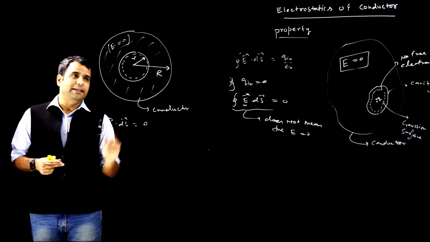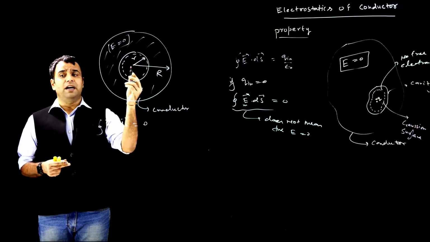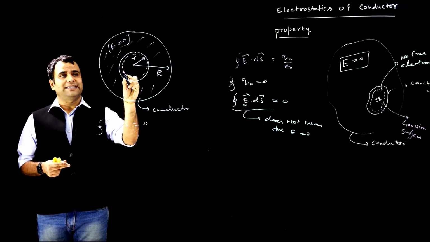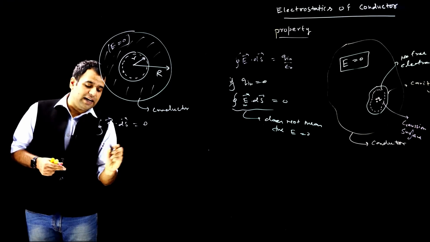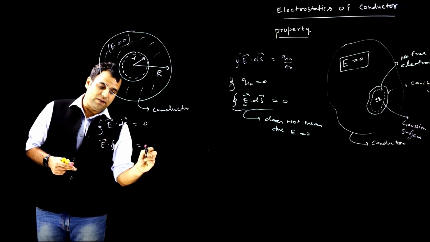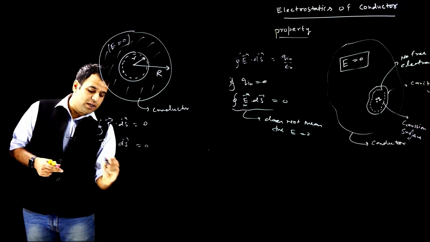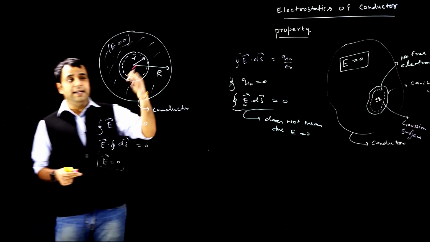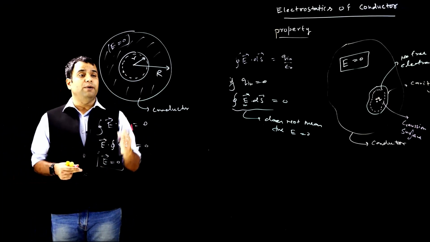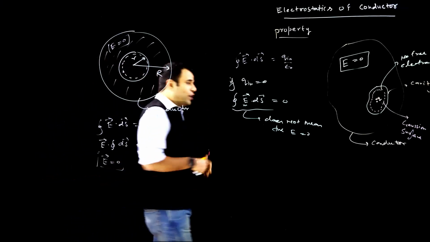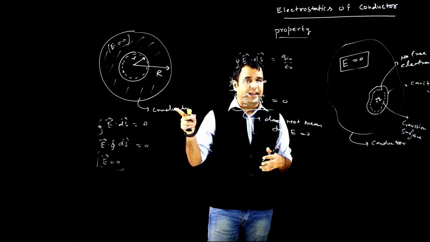Due to that symmetry, if there is a non-zero electric field here, that will be constant. So we can take this E outside of the integration sign, and that leads to E being 0. So you see, E is 0 only because we were able to take it out, and we were able to because there was a symmetry. But this is not a general case, this is a specific case.